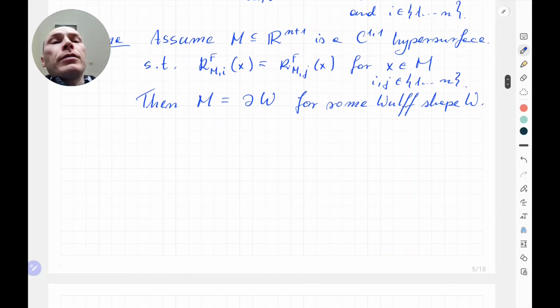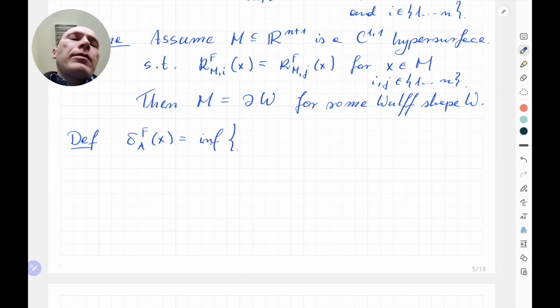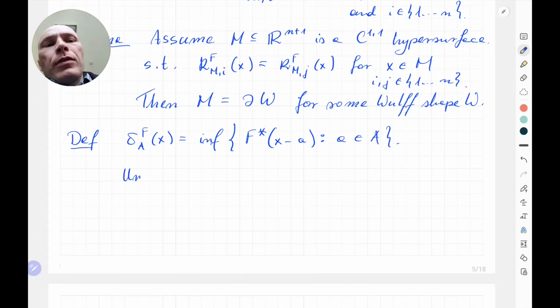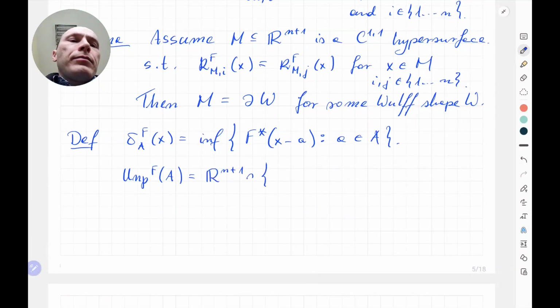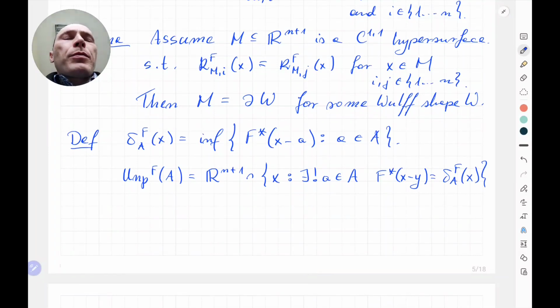Next we introduce several functions. So we give you a definition. The function delta_F^A of x is just the distance function, but with respect to the F-star norm. Now there is something called Unp. This is the set of those points x for which there exists exactly one point which is the closest point in A to x.